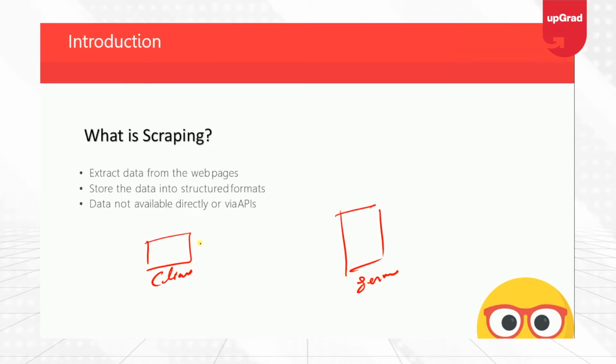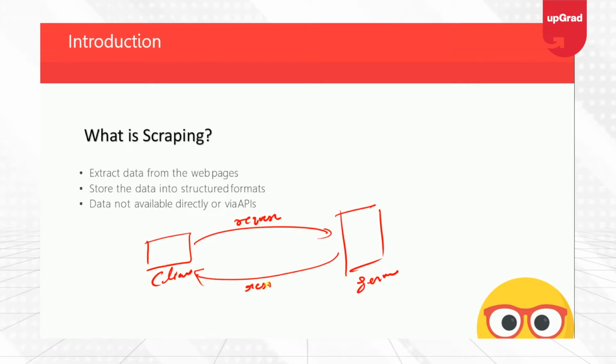So in the initial phase, the client is going to request some data from the server. The server receives the request and sends the response back to the client. Well, this interaction can be with the help of any given API, or we can directly read from a web page.